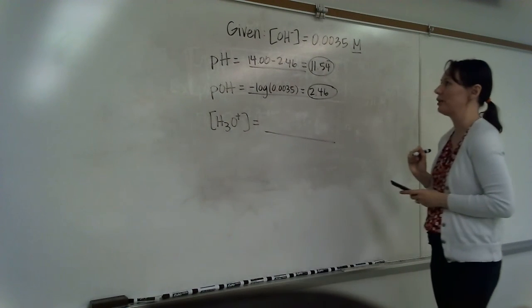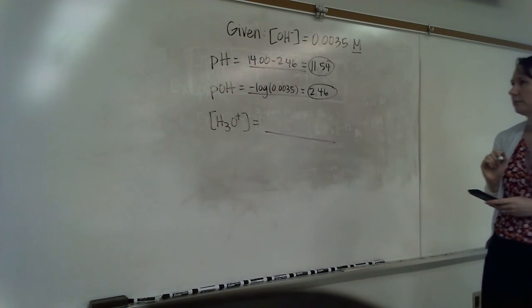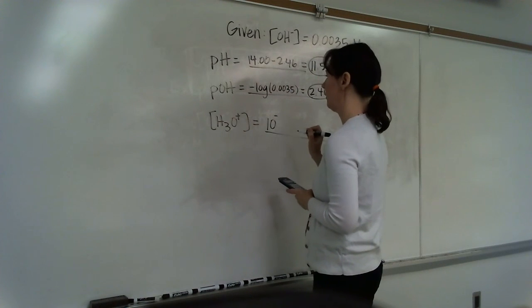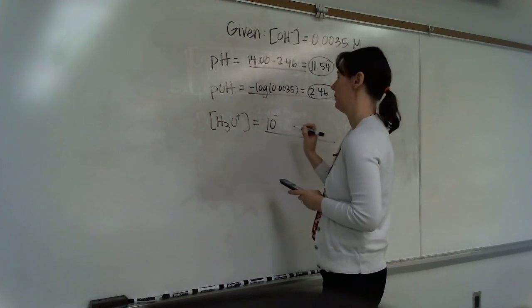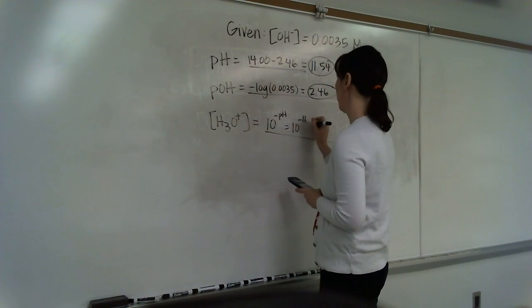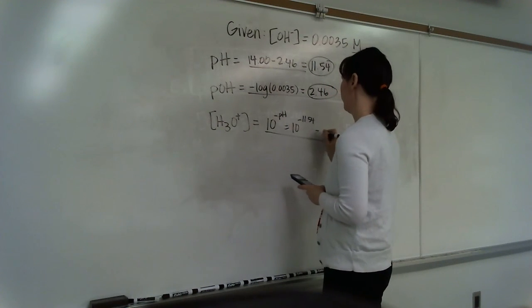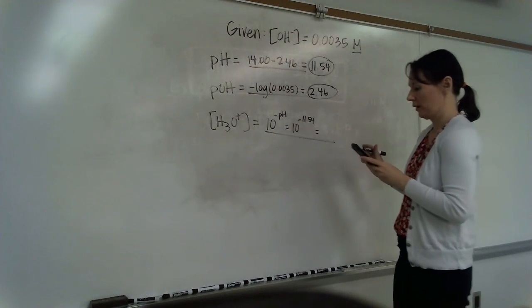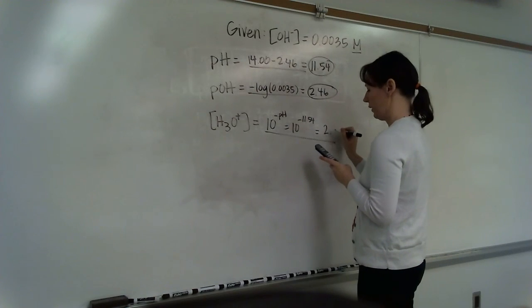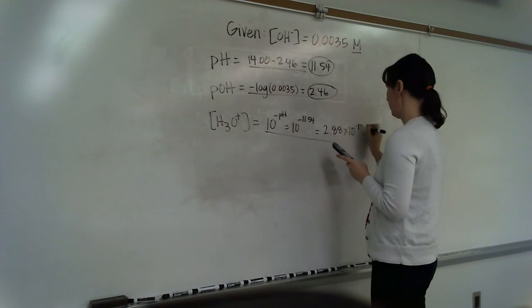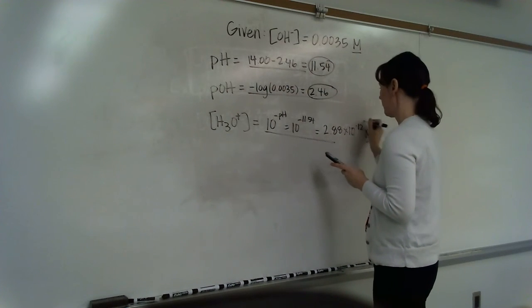And then how do I get H3O plus? 10 to the negative pH or POH? pH, right? So 10 to the negative 11.54. I got 2.88 times 10 to the negative 12. And that needs units, that's moles per liter.